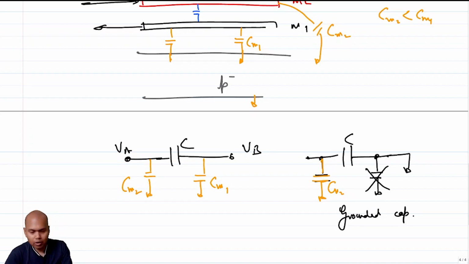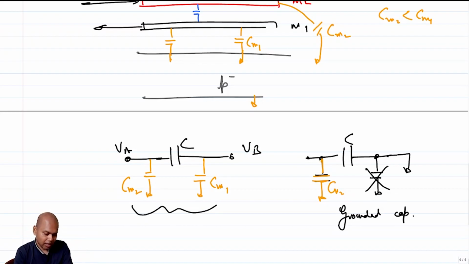Then you don't have a problem, right? So in that case, probably it's okay. You don't have a problem. This might be even better. But if you are looking for a floating capacitor, like in most RF applications, you want to AC couple a signal from one point to another while the DC bias is set, right? So in that case, you do not have a grounded capacitor, you have a floating capacitor. Then this type of structure can be problematic.